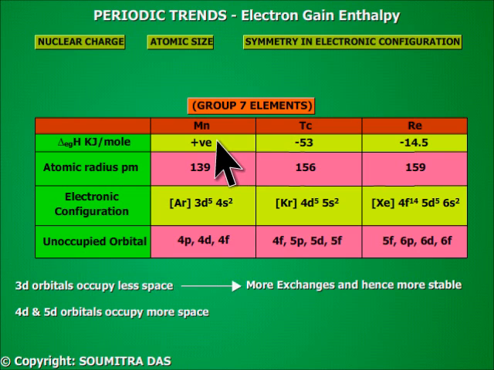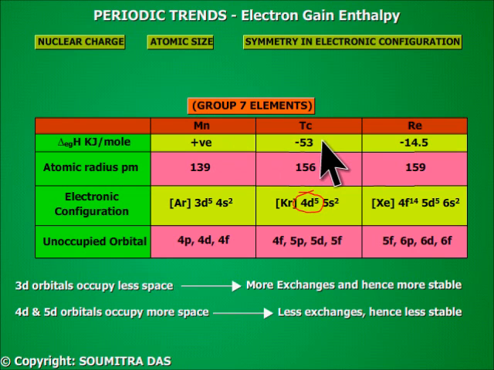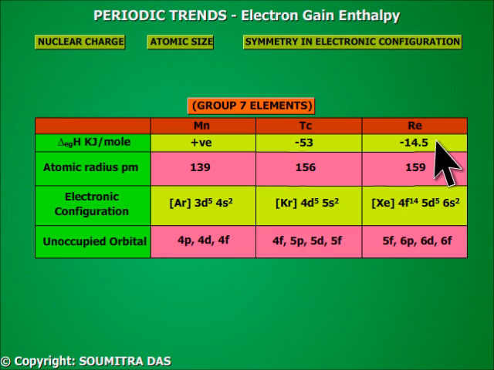Here the exchange energy of the exactly half-filled 4d orbital is not so high. So the reluctance to electron addition eases out and the electron gain enthalpy becomes negative. Here it is less negative because a whole set of 4f orbital electrons offer shielding as well as repelling effect on the added electron. Then comes the group 12 elements.